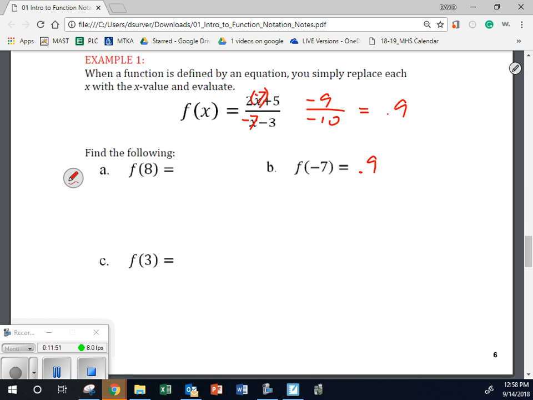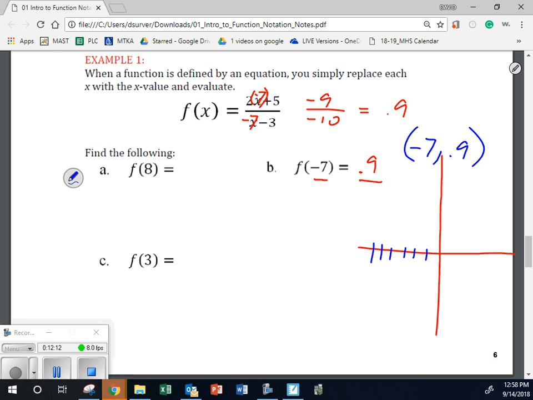Here's the thing that's kind of cool. A lot of people never connected before. If that's x and that's y, then that's a point on the graph. F of -7 equals 0.9 means that -7 comma 0.9, which is pretty much 1, is on the graph.